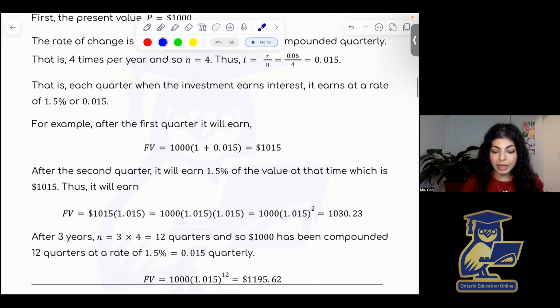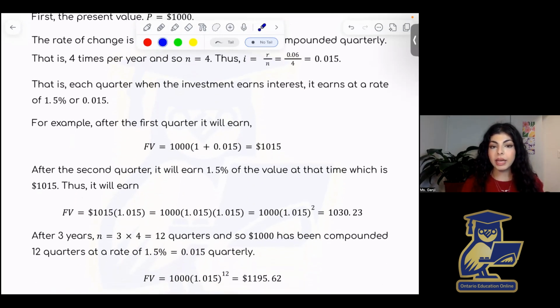Now, after the second quarter, the interest that's being accumulated, because it's compound interest and not simple interest, is on the $1,015. Remember, simple interest, if we calculated that $15, then that's the amount that was being applied every quarter. So the second quarter, you'd also earn $15 and so on and so forth, and you'd just be earning $15 each time. Whereas here, it's going to be a little bit different.